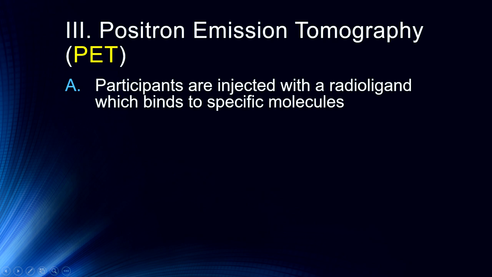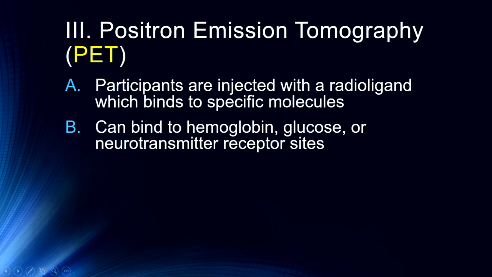So let's dive right in. Participants are injected with that radioligand, which binds to specific molecules. This can be glucose. This can be oxygen or oxygenated hemoglobin. It can also attach itself to specific dopamine receptors, specific serotonin receptors. Also very useful in diagnosing cancer because there are proteins on the surfaces of cancerous tumors that those radioligands can attach to.